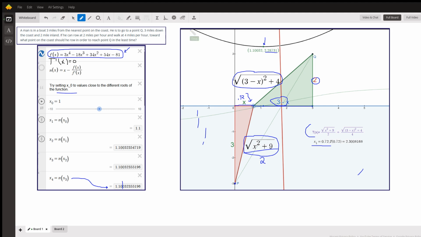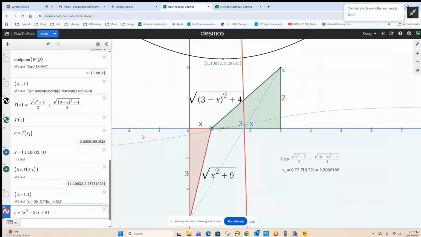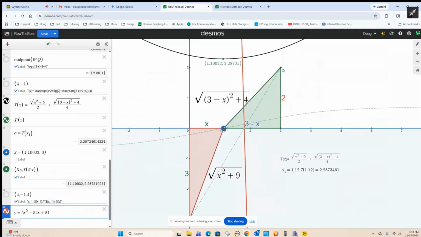If I share my screen and actually go to this site, if I move this point towards that 1.1, there's 1.1 right there, 2.28.